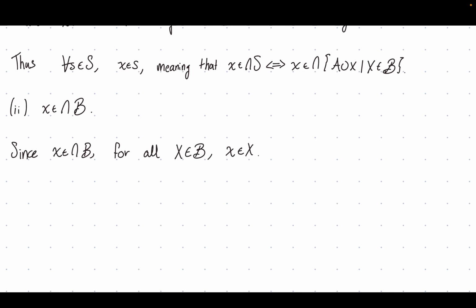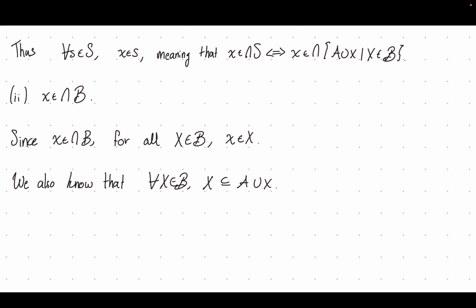okay, let me rewrite that. We also know that for all big X in script B, big X is a subset of A union X. That should be pretty clear by now, because if you union a set with anything, then the set you union with has to be a subset of the bigger union.